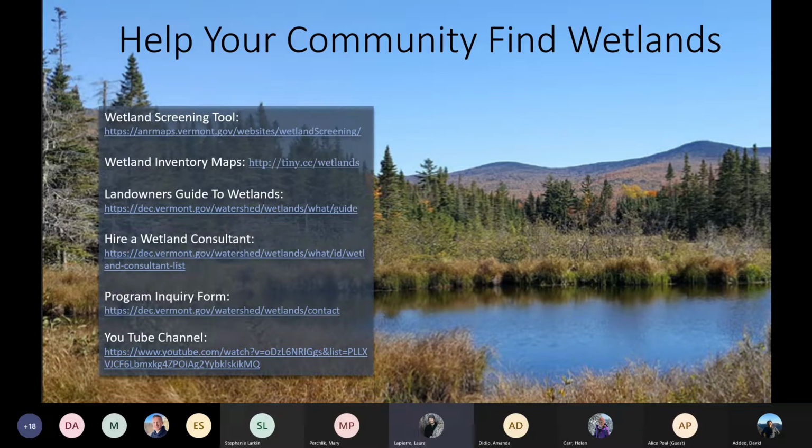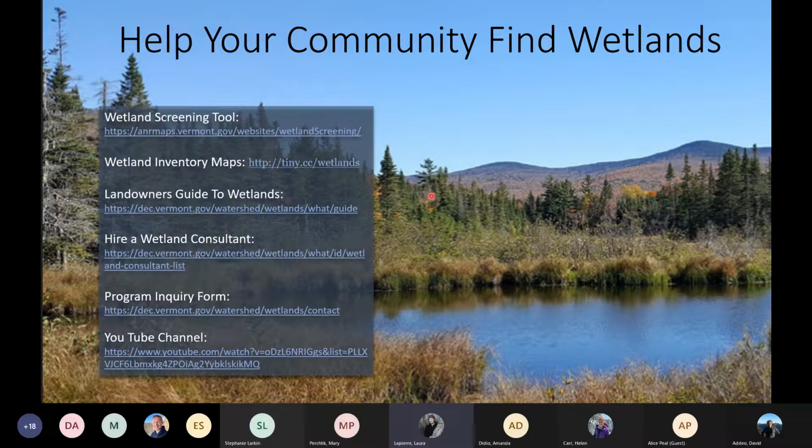But it can really save someone a lot of time and heartache. For us to be able to identify where the wetlands are before any work starts, before anything's even designed, is really helpful.